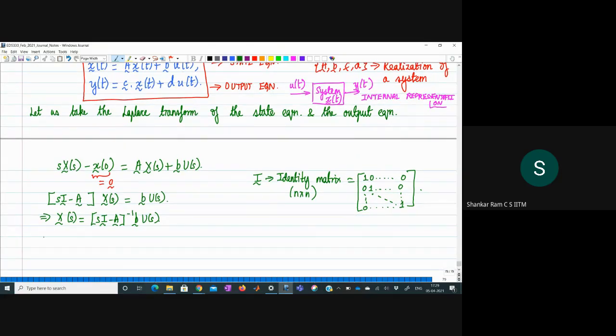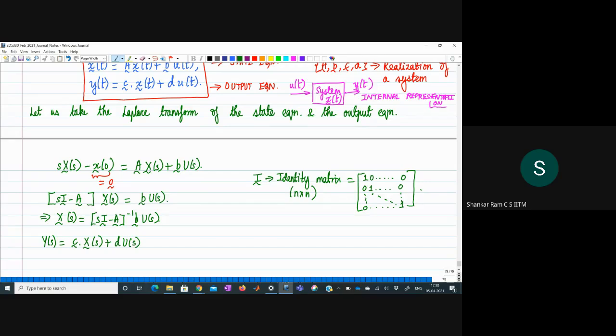Then, if you take the output equation and apply the Laplace transform, we have Y(s) equal to C times X(s) plus D times U(s). The output equation is an algebraic equation, so the Laplace transform becomes pretty simple. We don't have any derivative terms.